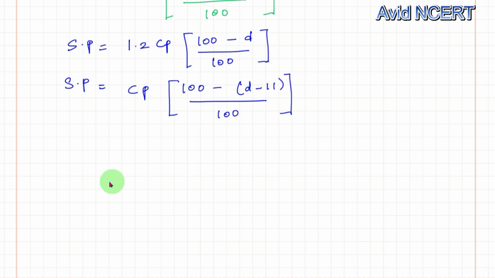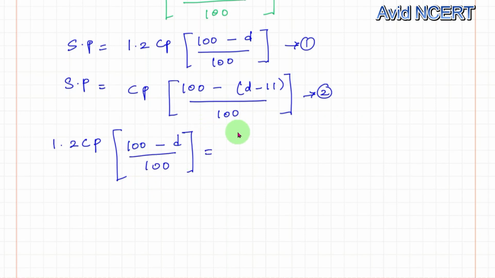So 1.2 CP into (100 minus D) equals CP into (100 minus (D minus 11)), divided by 100. Simplify as much as we can, because we will have limited time in the exam. I'm taking the minus inside: 100 minus D plus 11. CP gets cancelled, 100 gets cancelled.